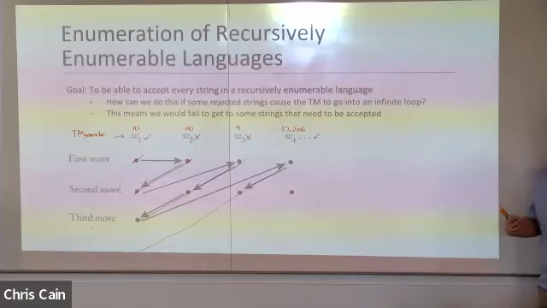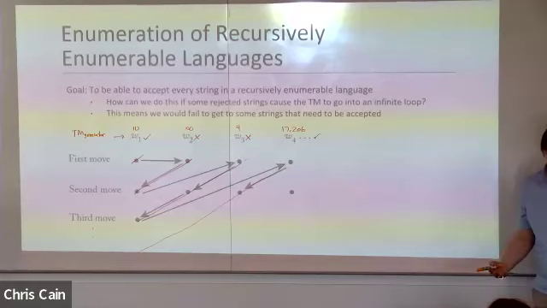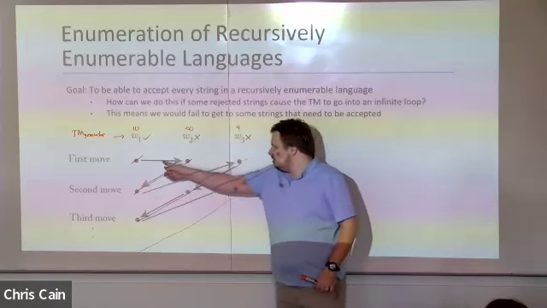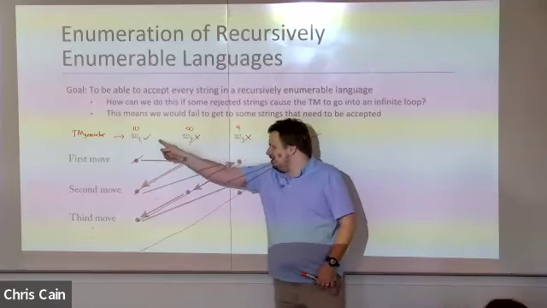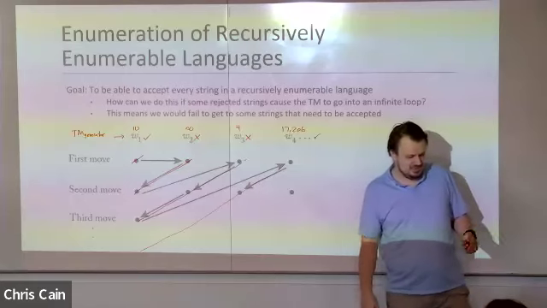Well, we wouldn't know that it is in the language until it terminates. We don't know that it's not in the language if it spins forever. So after how many total moves will we know that W sub 1 is accepted as a member of this language?